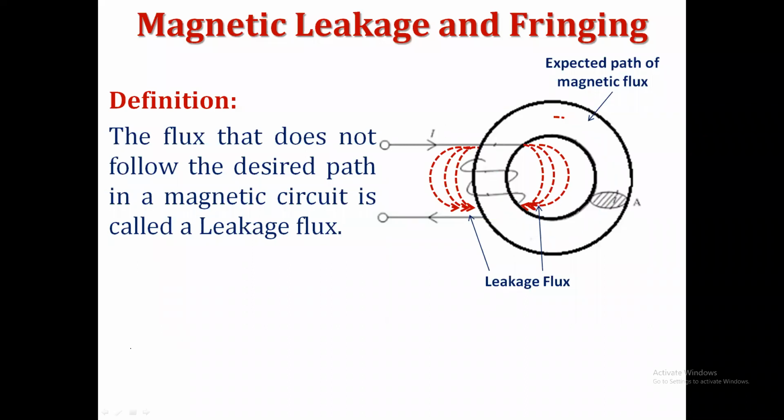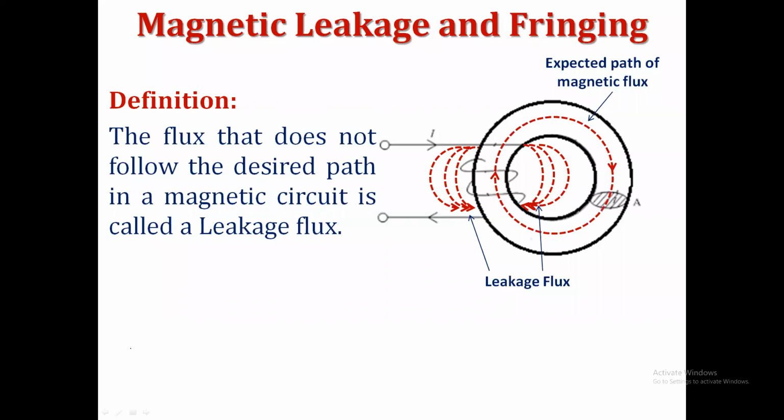According to this theory, we can write one mathematical equation. The current flowing through the coil will produce the total flux. The useful flux is the flux flowing inside the ring. So the total flux equals the useful flux plus the leakage flux.